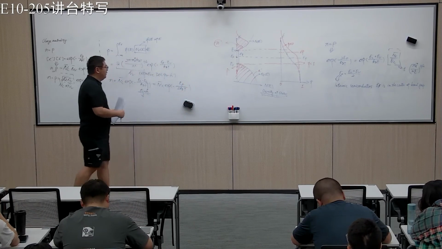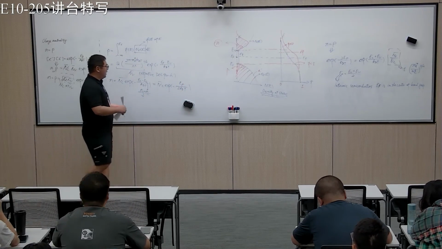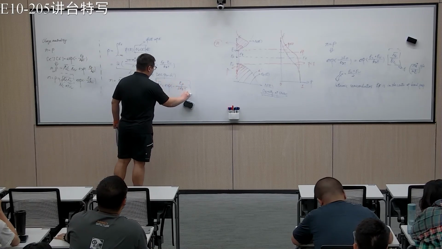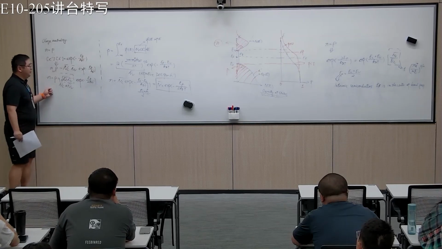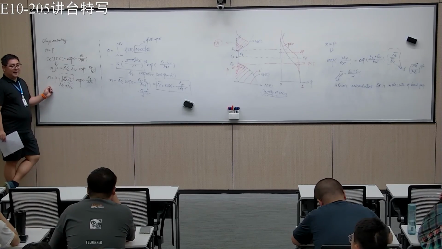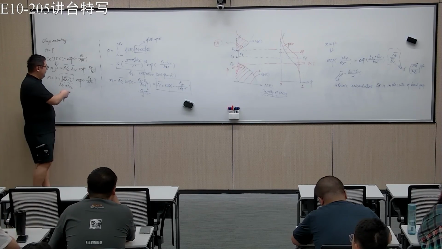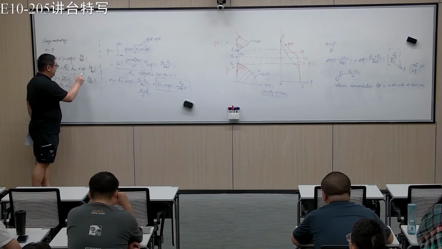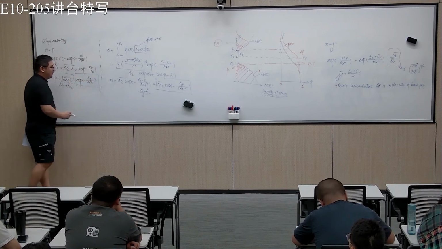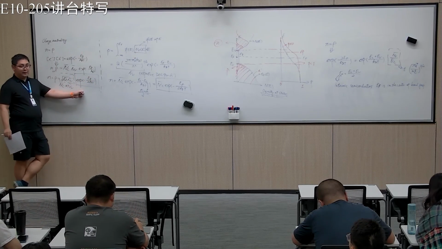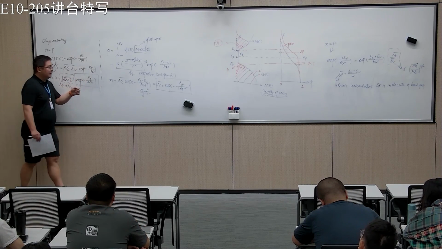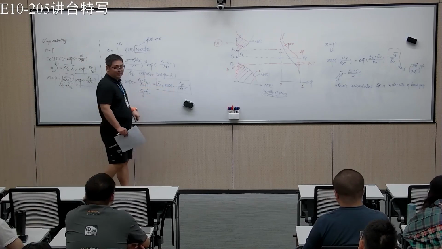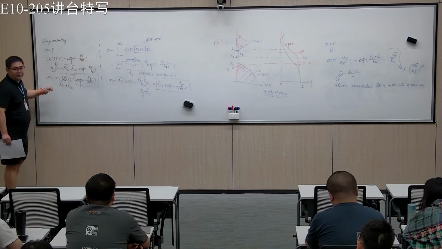So if you compare this one and this one, you get pretty much the same thing: exponential E_G over 2 k_B T, exponential E_G over 2 k_B T. So it's pretty much the same.